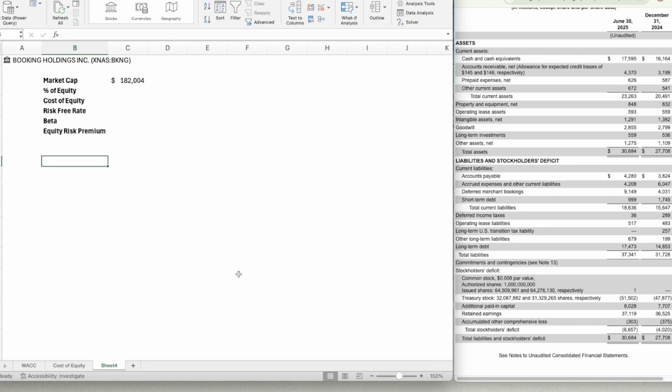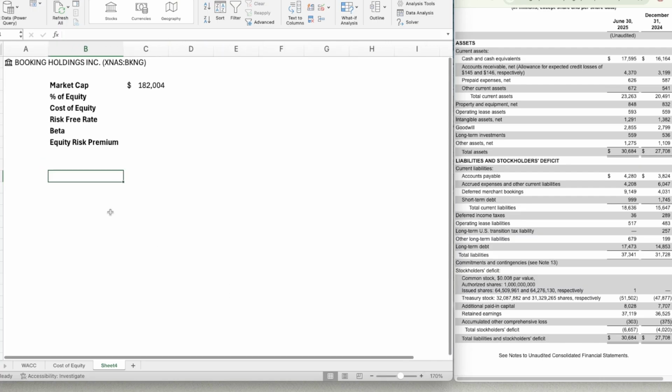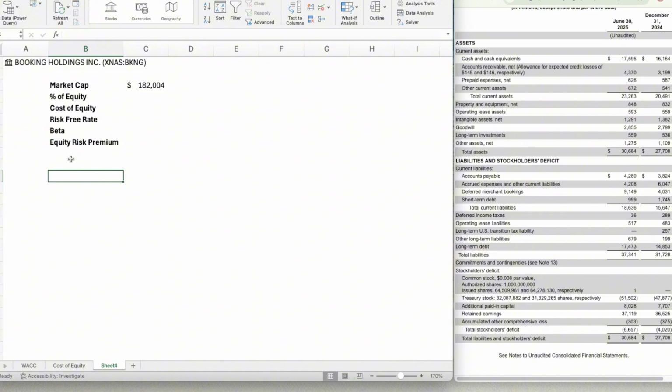I will zoom in a bit more for you. Then below that, the next one is percentage of debt, then cost of debt, tax rate, and then we want a total, and then we can have our WACC.